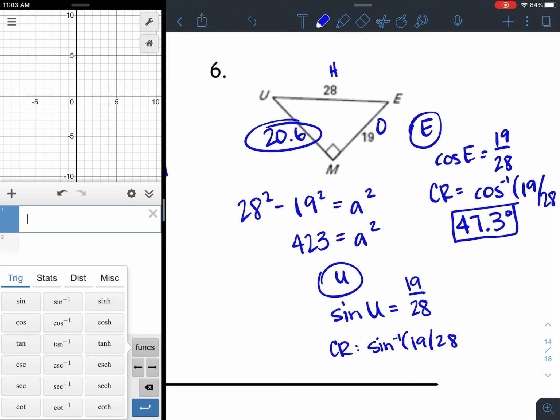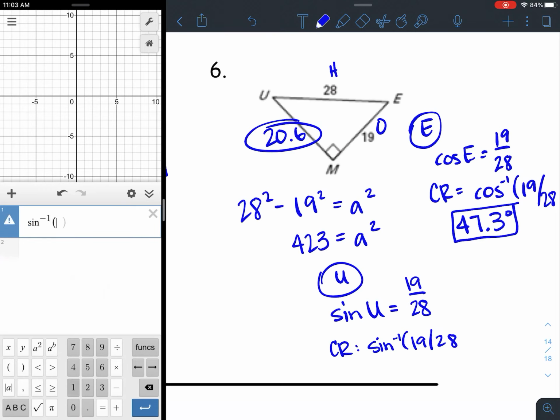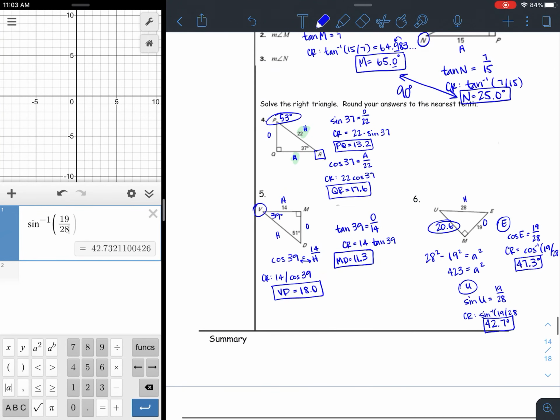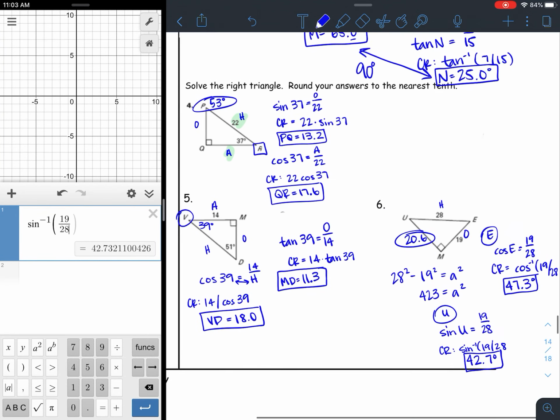Sine inverse 19 over 28 gives me 42.7 degrees. So when we're finding our angles, we're going to set it up the same exact way, but use that inverse button, and you should be good to go.